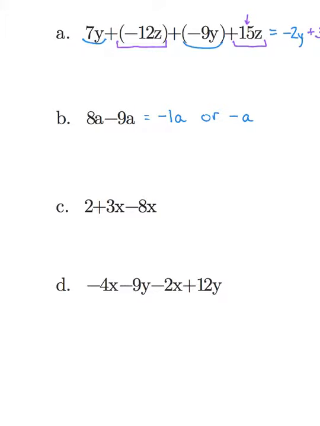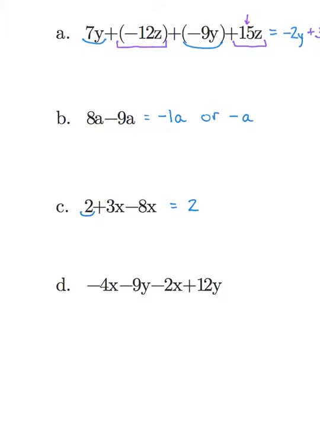Okay, let's look at example C. Example C, starting on the left, we have a 2. Does it have anything that it can combine with? No, there are no other constant terms, so we're just going to keep it.